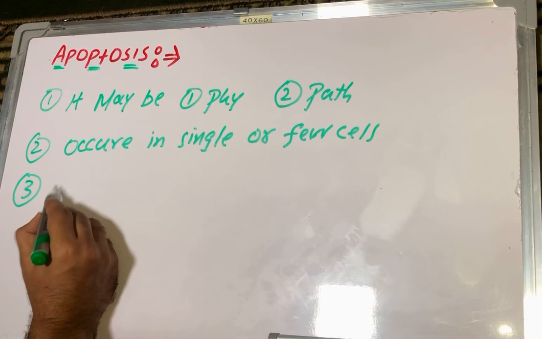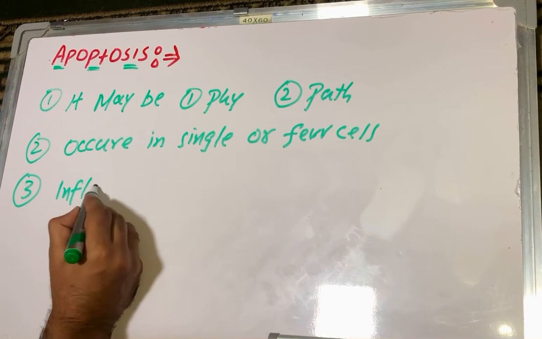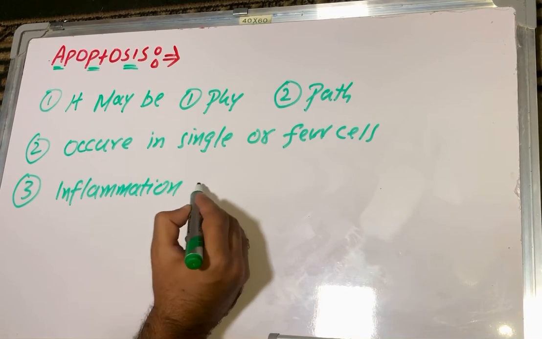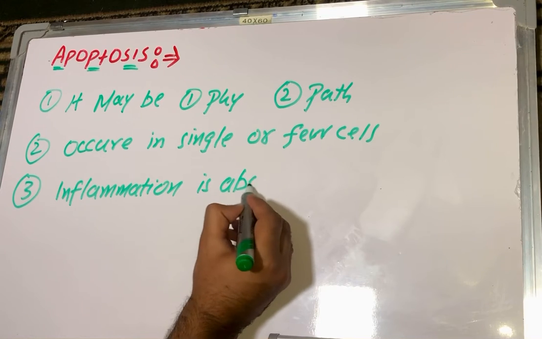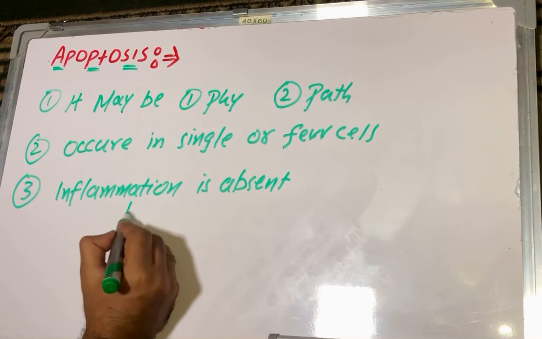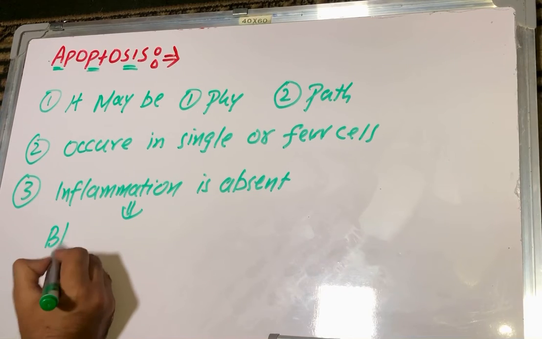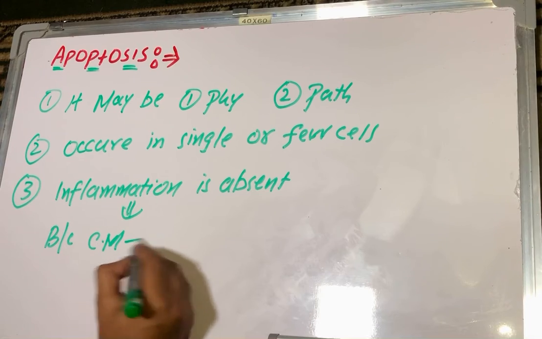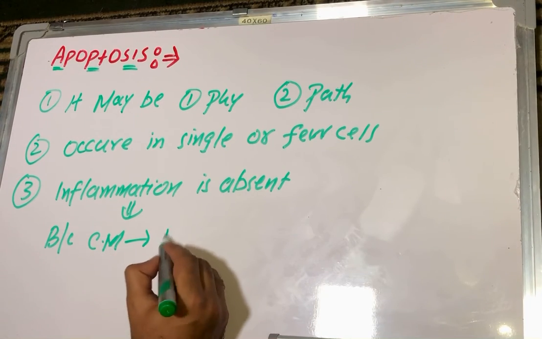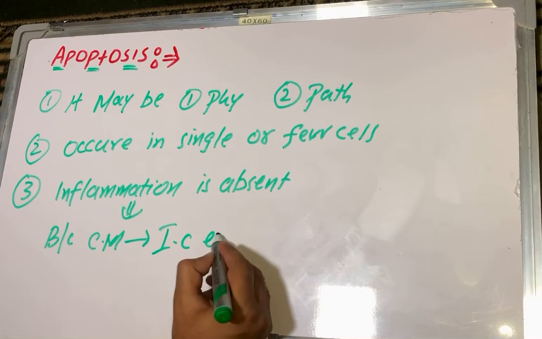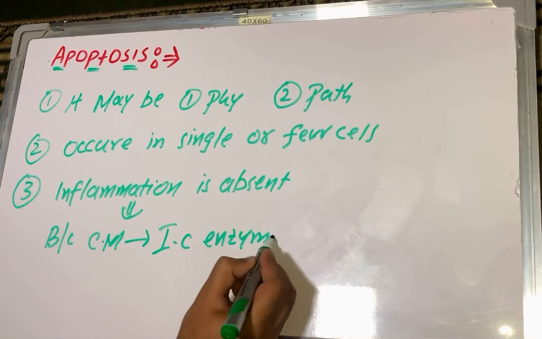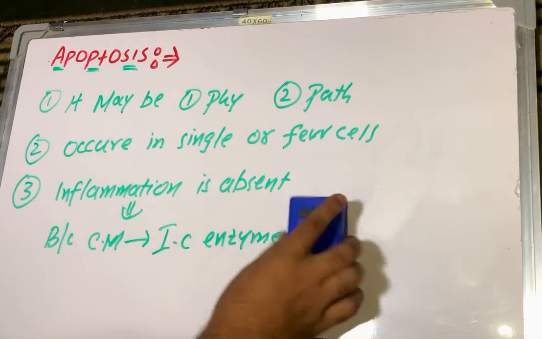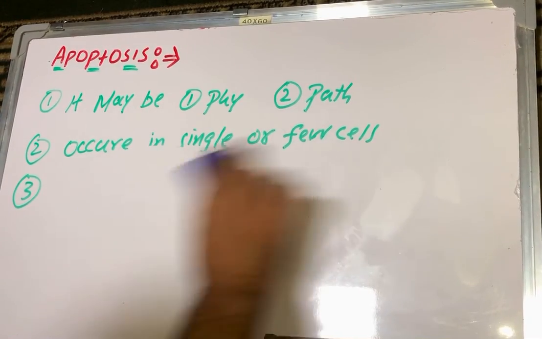Number 3, inflammation is absent in apoptosis, because the plasma membrane or cell membrane remains intact, and due to that the intracellular enzymes will not come out of the cell and will not be released into the tissue.